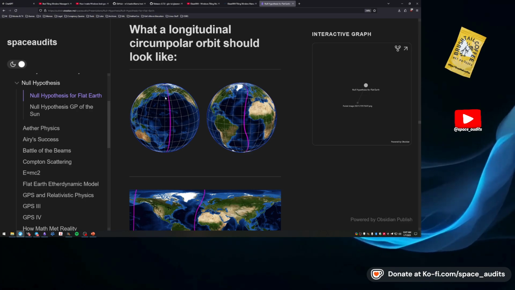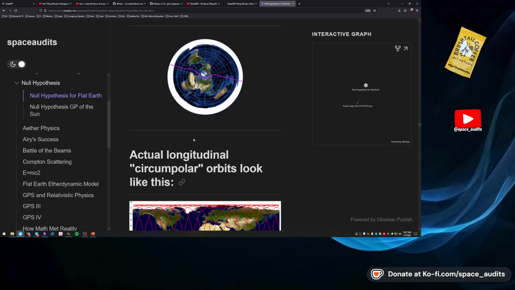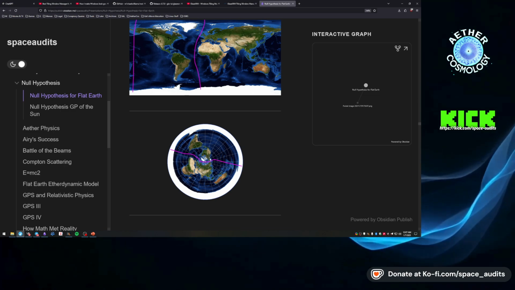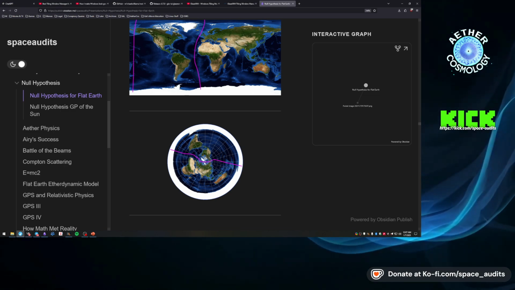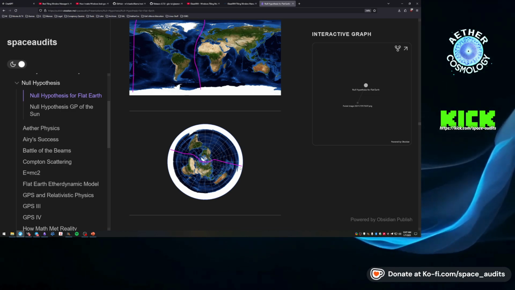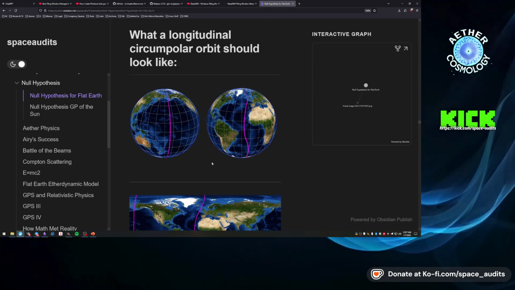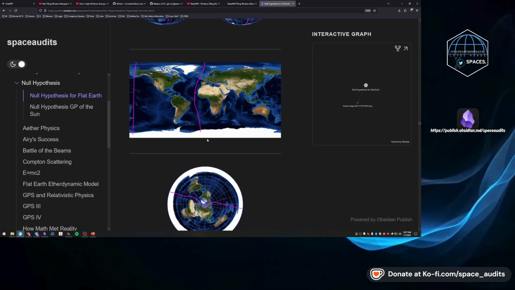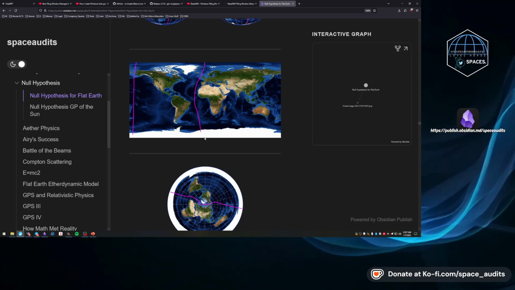So it doesn't matter if we're looking at a globe, an equirectangular, or an azimuthal, as long as you use the correct transformation and corrections, which is a directional preserving aspect of the transformation, you can transform these and see what they look like on the different projections, and they'll all be equivalent. They'll all represent the same thing.